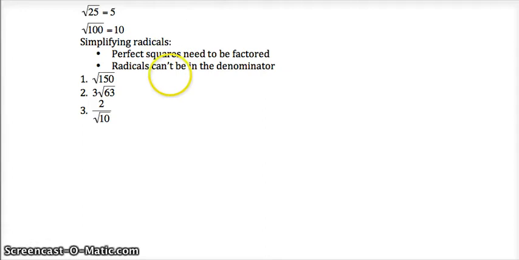Okay, so let's look at the first one. Here's the first rule. Perfect squares need to be factored out. So the square root of 150, radical 150. You could think about what that number is.